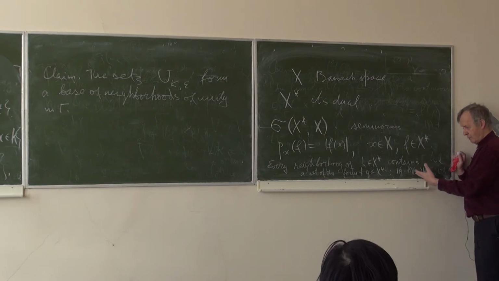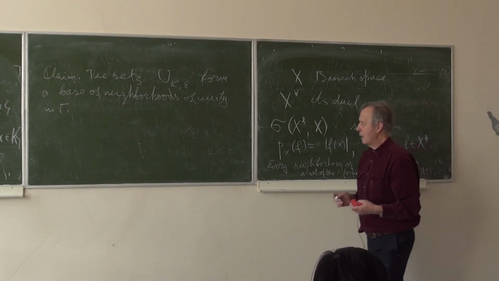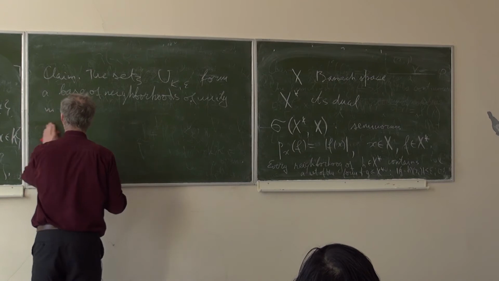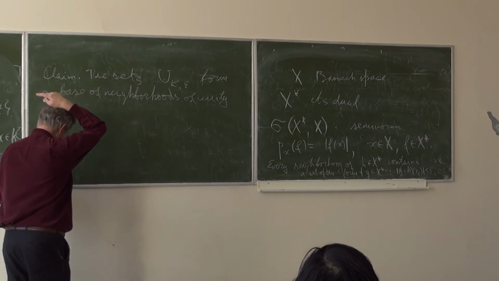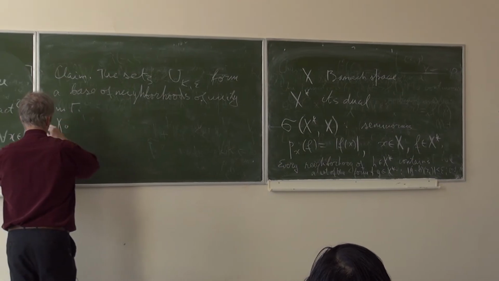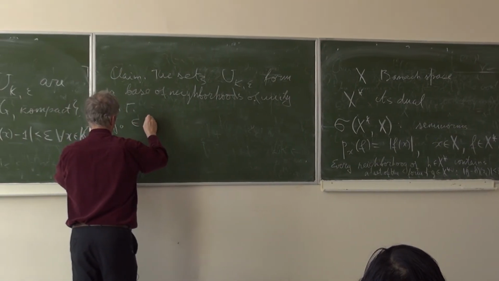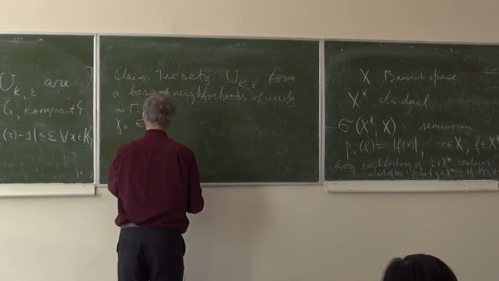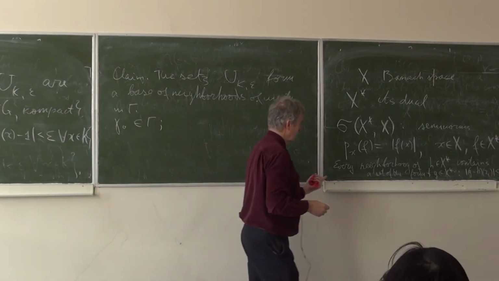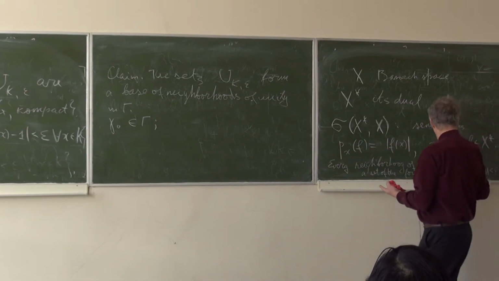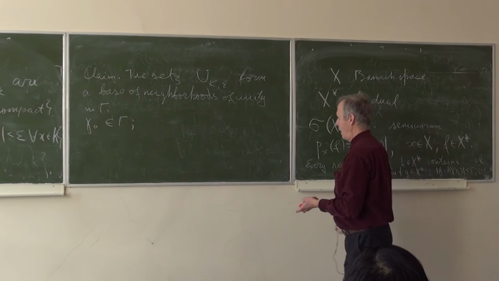of an element. Now, in my case, well, I have gamma 0 and gamma. It turns out that instead of considering all neighborhoods of this gamma 0, I must consider all the neighborhoods of this form.